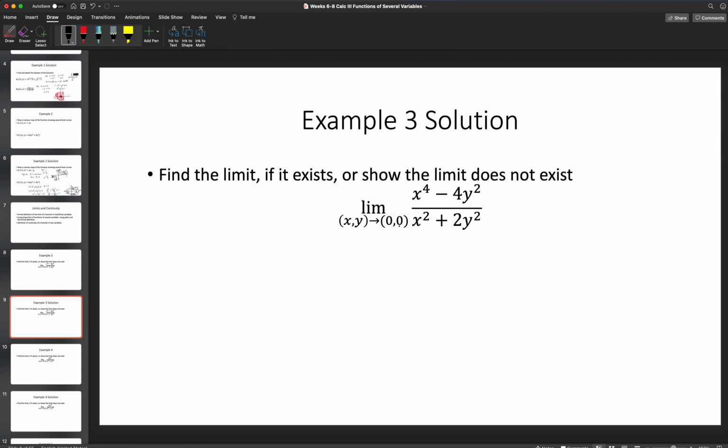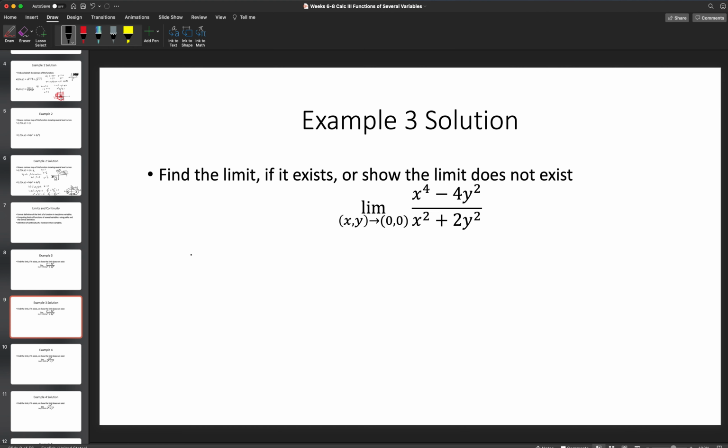That's a natural reaction. If I plug in (0, 0) here, I'll get 0 divided by 0, which we all know is undefined. Or if you're thinking back in calculus, 0 over 0 would be called an indeterminate form. So here we can't just plug in (0, 0) because of these reasons.